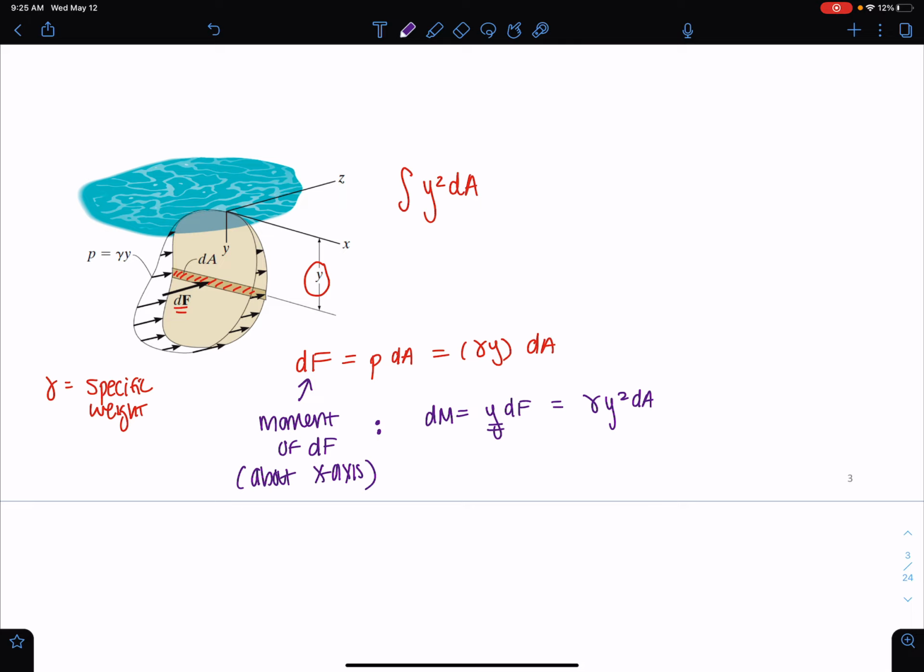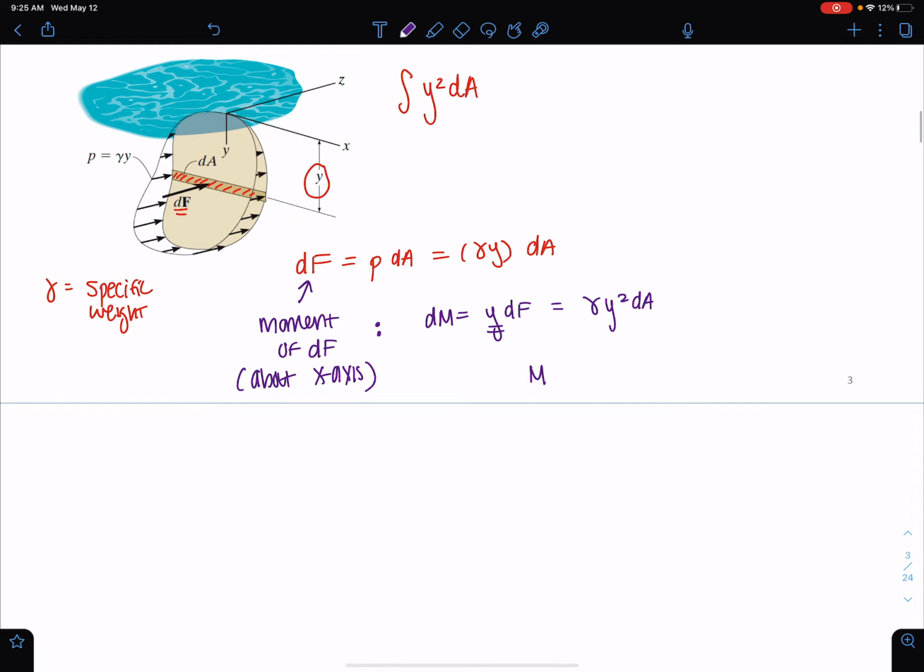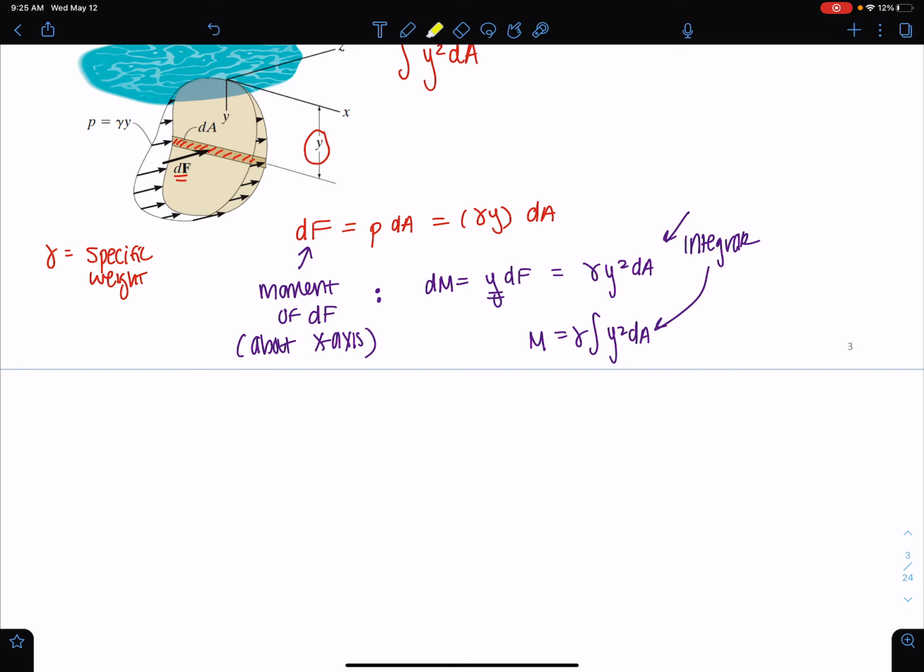Okay, and we can simplify this as the moment, if we integrate, we get the moment is equal to gamma, which is a constant for that fluid, times the integral of y squared dA. This is the function that we use for the calculation of moment of inertia, okay?